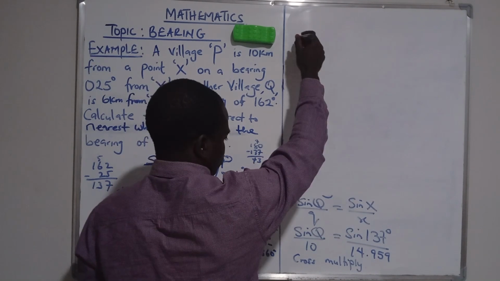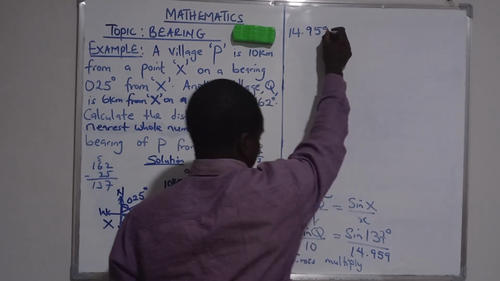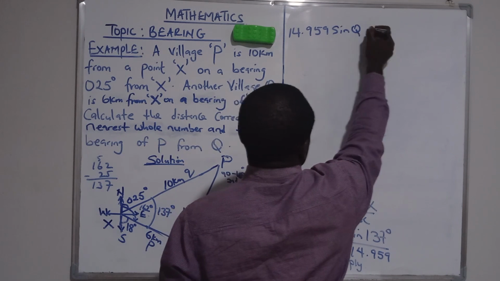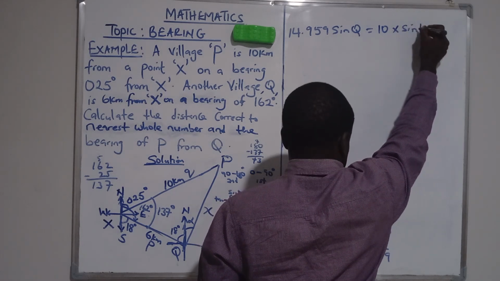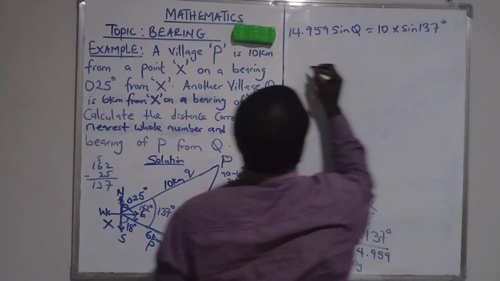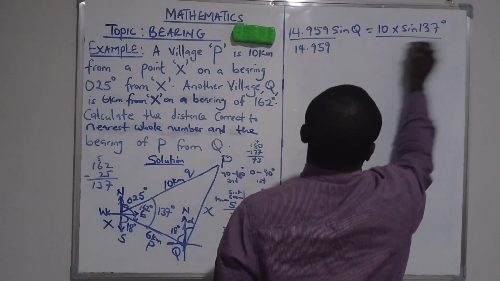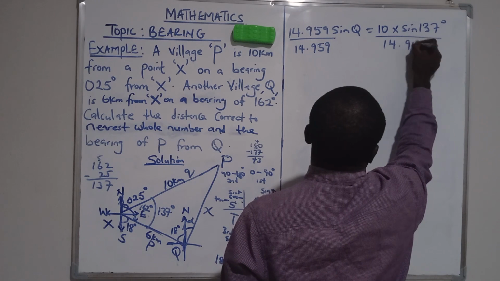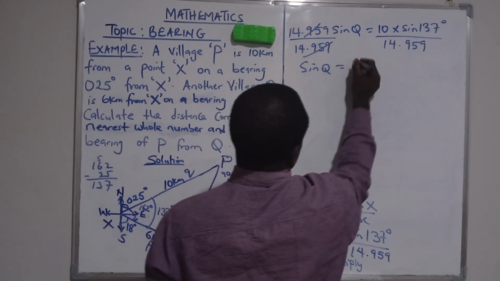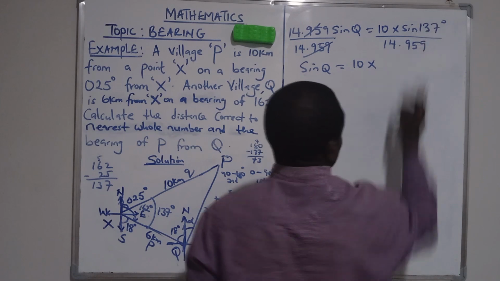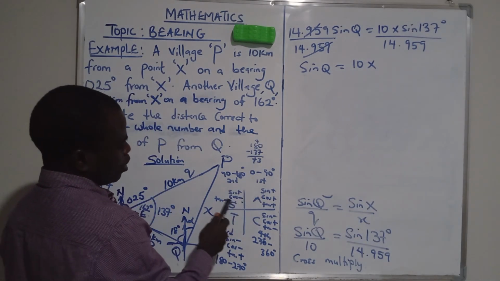When you cross multiply, you have 14.959 sine q equals 10 times sine 137 degrees, divided by 14.959. 14.959 cancels out. We're left with sine q equals 10 times sine 137. With a calculator you get sine 137 directly, but if you are using four-figure tables, remove it from 180.